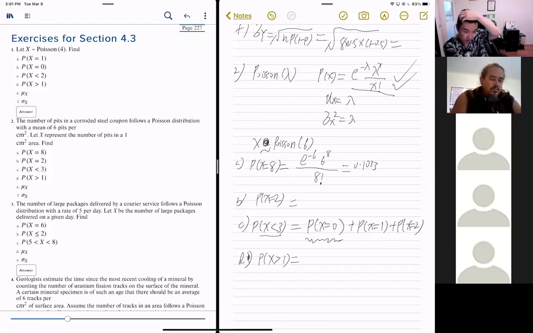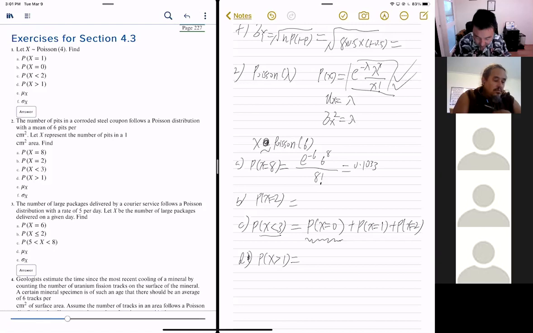So that number of pits could be larger than 1: 2, 3, 4, 5, 6, 7, 8, 9, 10, or even 100. Even though the higher the number of X, the chance is smaller based on this mass function, the chance is much smaller, but that's possible.